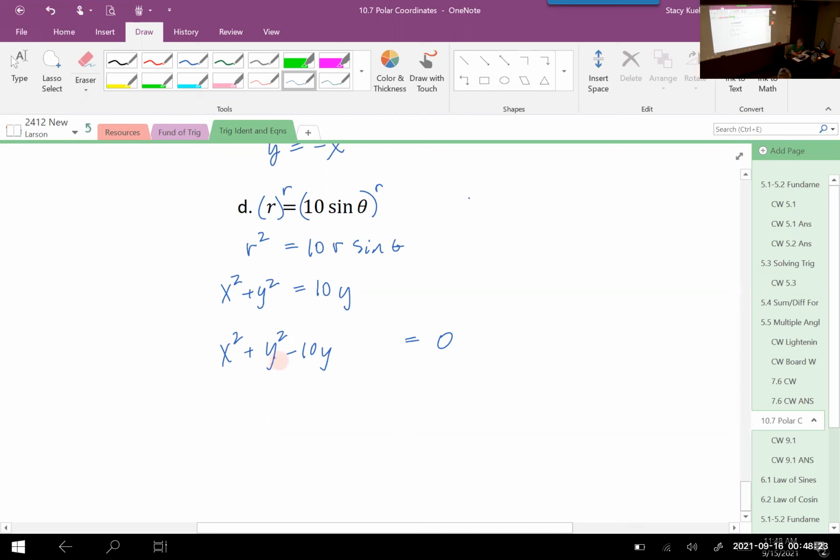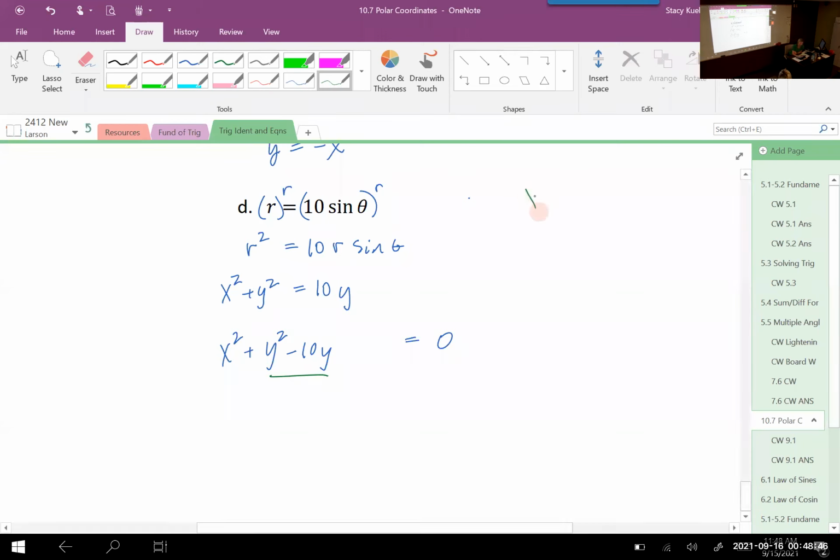Now, notice that I have my variable x, there's nothing else that can go with it, and it's just an x squared term. But I have this y squared minus 10y right here, and that is 2/3 of a perfect square trinomial, isn't it? You know what a perfect square trinomial is?